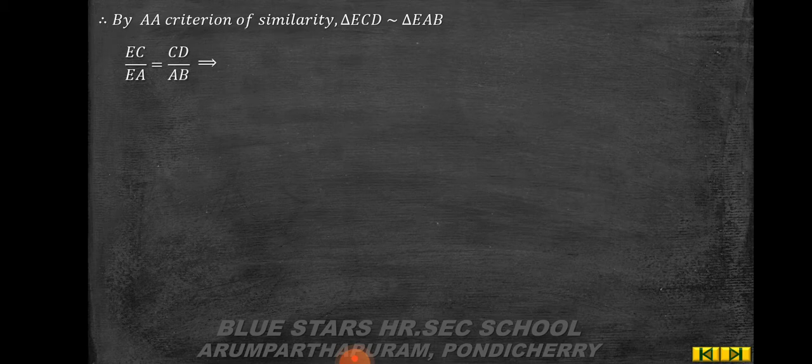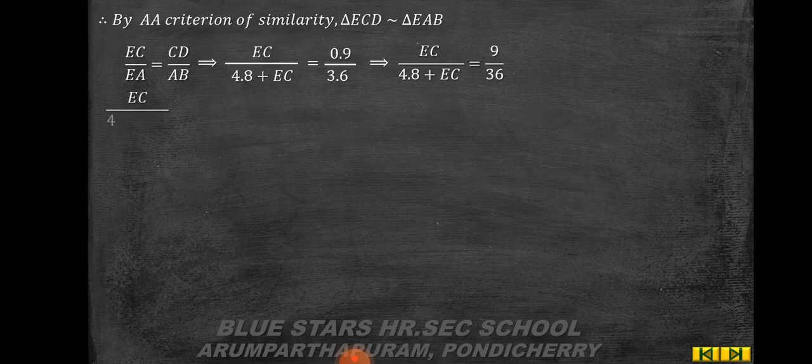So EC by EA is equal to CD by AB, which implies EC by 4.8 plus EC is equal to 0.9 by 3.6, which implies EC by 4.8 plus EC is equal to 9 by 36.